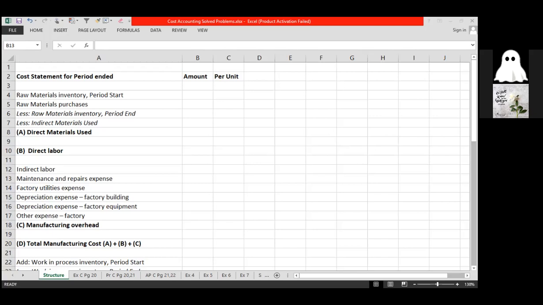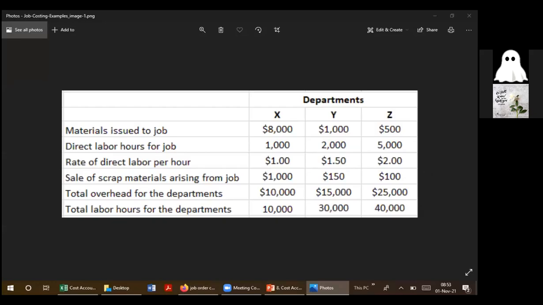Okay, let's do this one. So we'll do this one then.